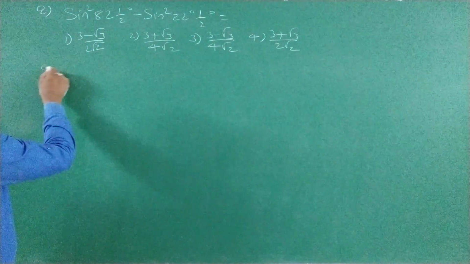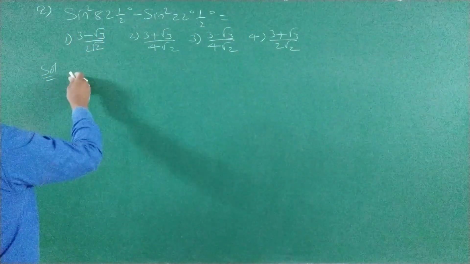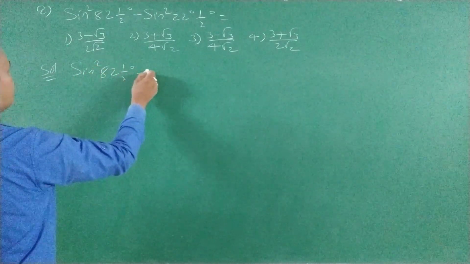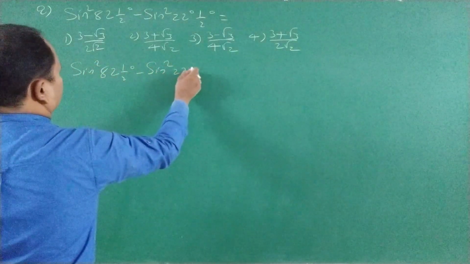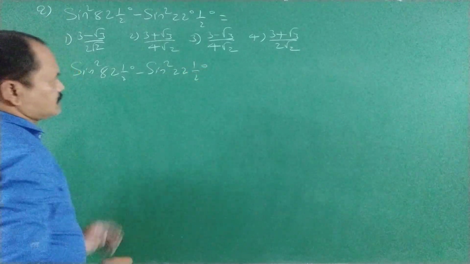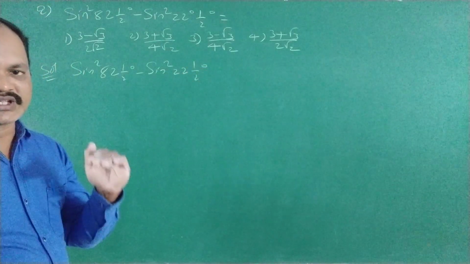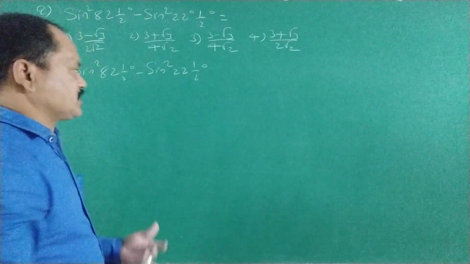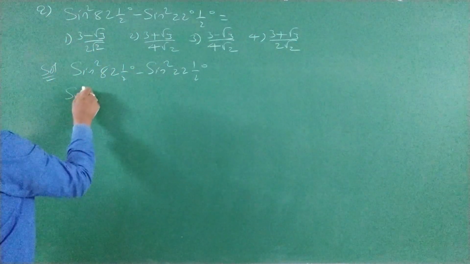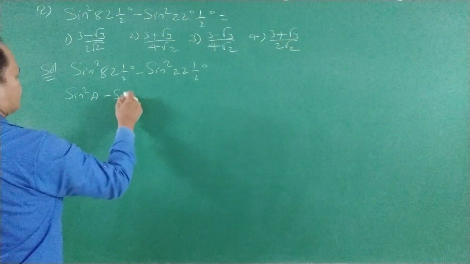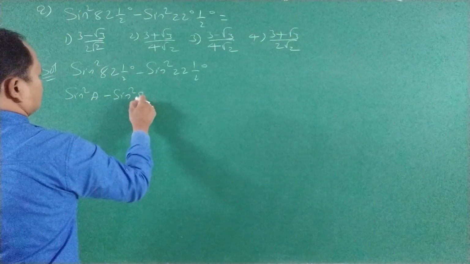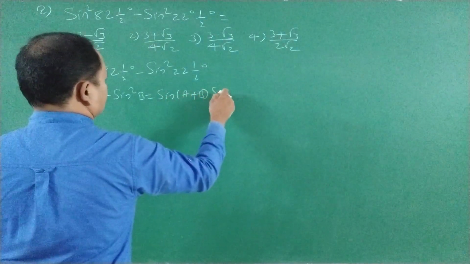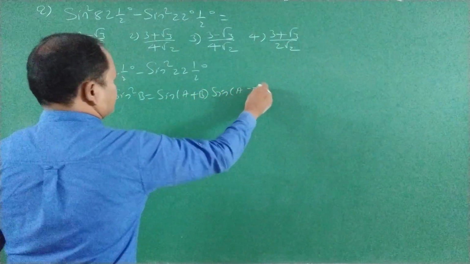Now the solution for this. Observe sine square 82.5 degrees minus sine square 22.5 degrees. This is in the form of the sine square a minus sine square b formula. So sine square a minus sine square b is sine a plus b into sine a minus b.